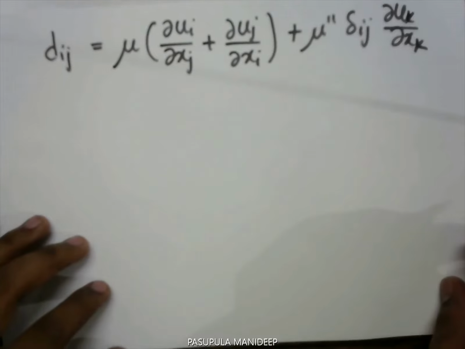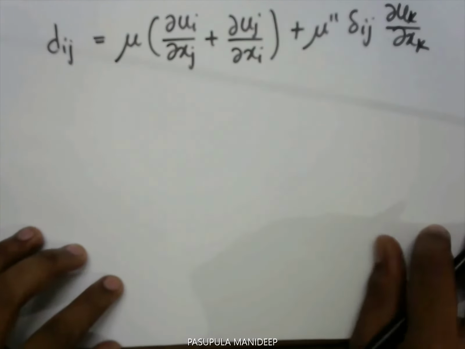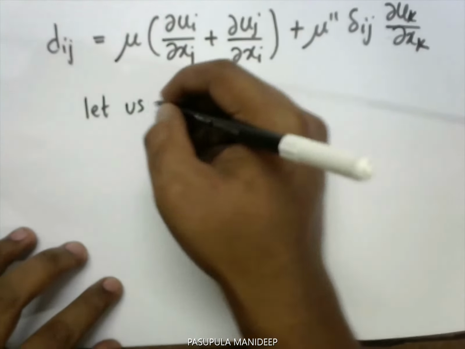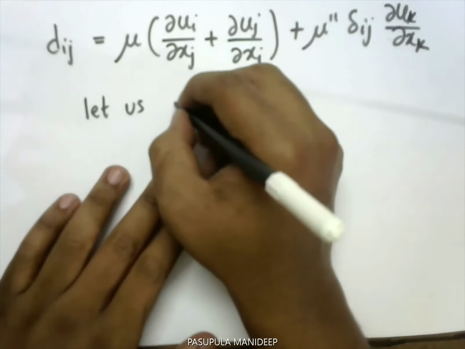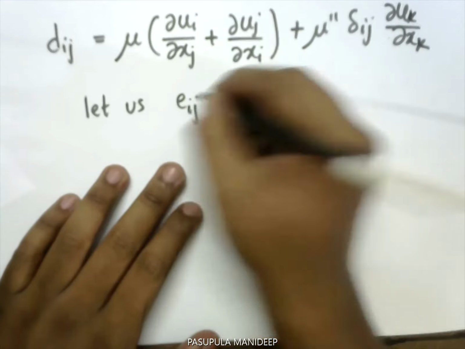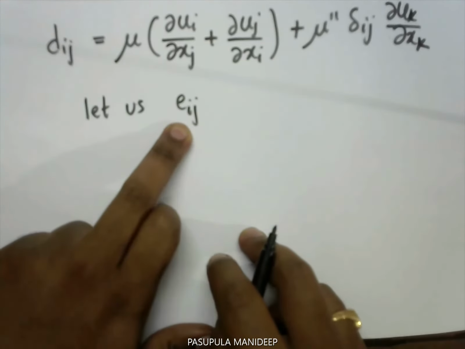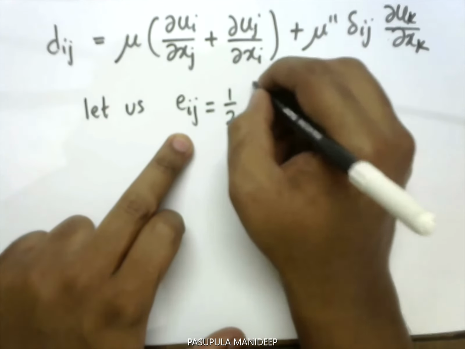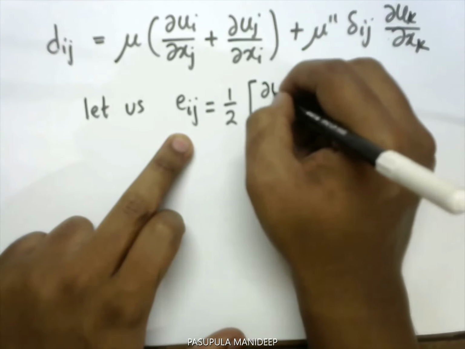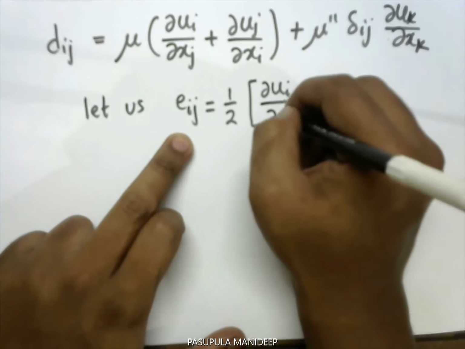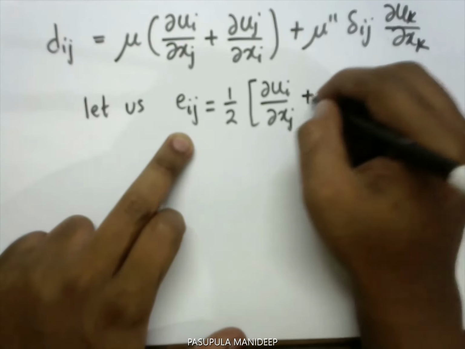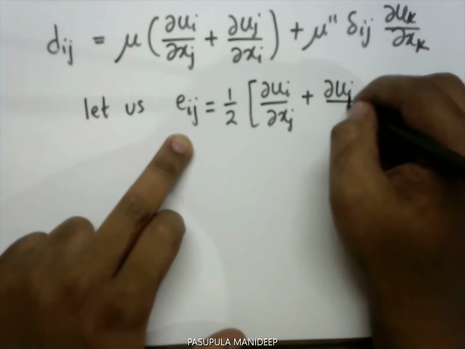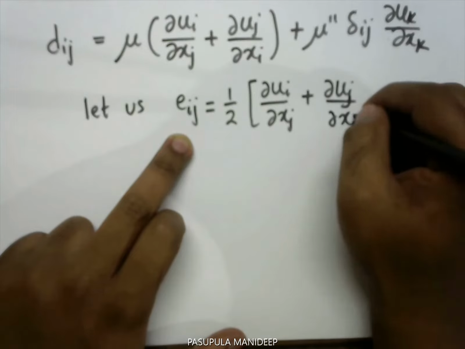So now let us term eij, okay, this is eij. Let us term eij as half of (del ui by del xj plus del uj by del xi).